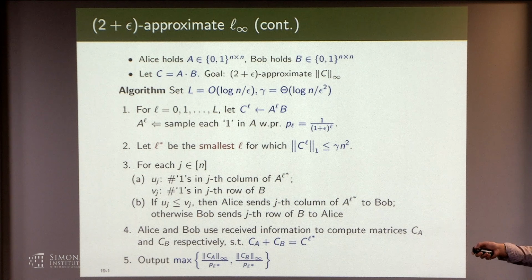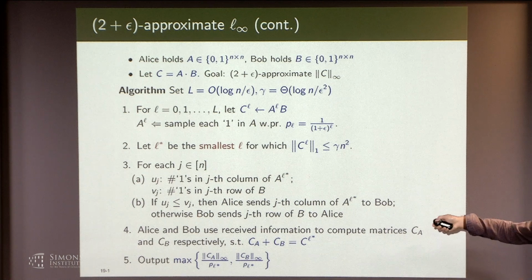We look at these two matrices, A L star and B. Let Uj be the number of ones of the jth column of A L star, and Vj the number of ones of the jth row of B. Then we compare these two values. If Uj is less than Vj, then Alice sends the jth column of A L star to Bob; otherwise Bob sends the jth row of B to Alice.